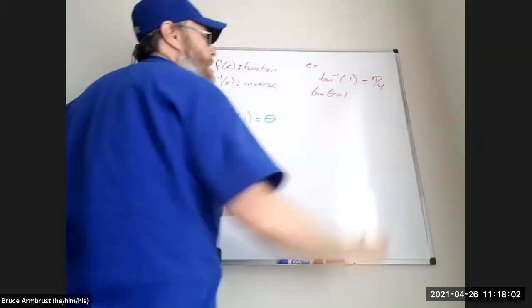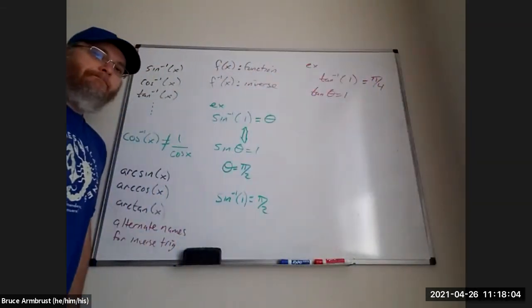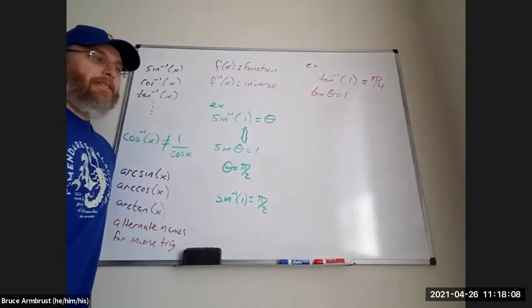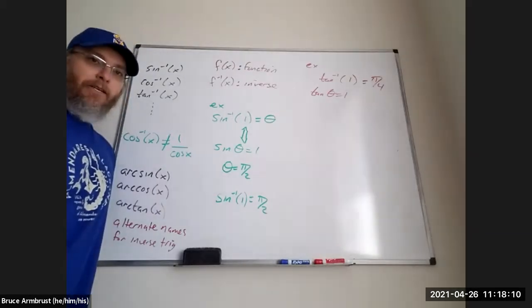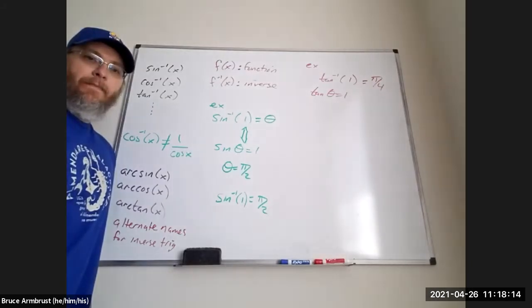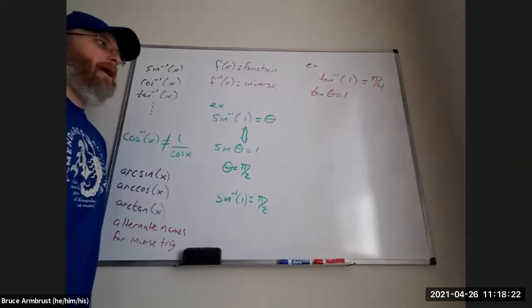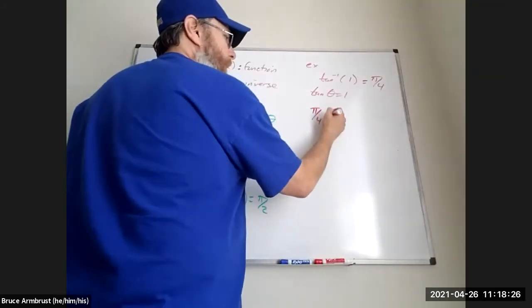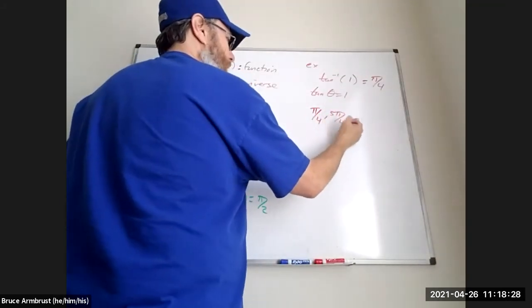But is there another angle where tangent is equal to 1 on your chart? I have pi over 4. Okay, so you go a little bit further down, you see 5 pi over 4. Okay, so we have 5 pi over 4.